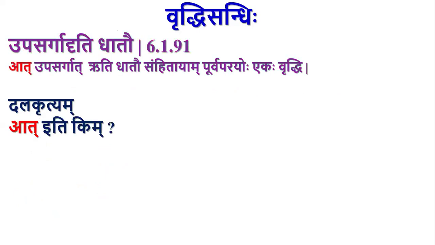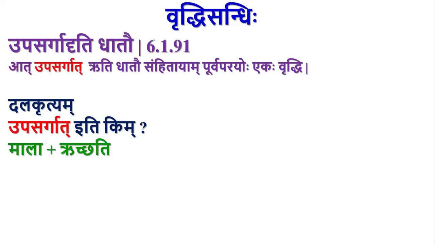Dalakrutyam. At iti kim? Why at? Because it is not applicable for other upasargas. When there is vi plus rushantu, here vi does not end with akara, so this sutra is not applicable. Rushantu, here there will be yanadesha by iko yanachi, i followed by ru. Upasargat iti kim?